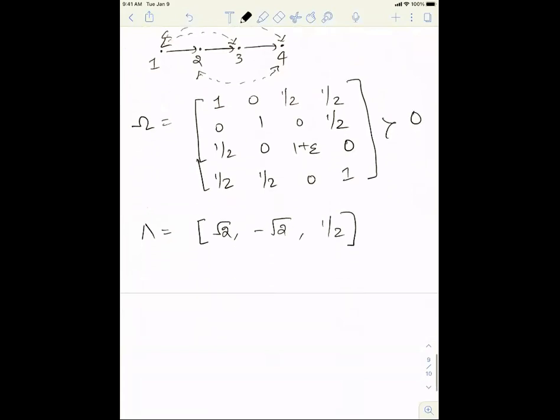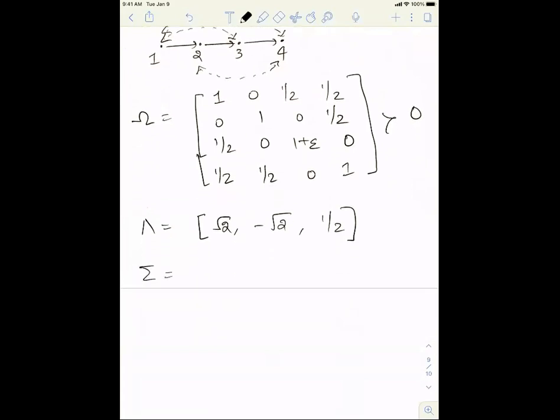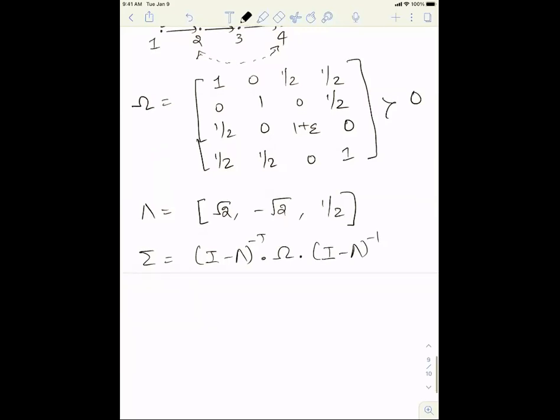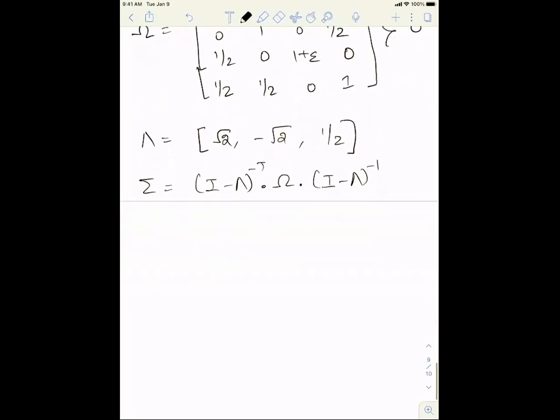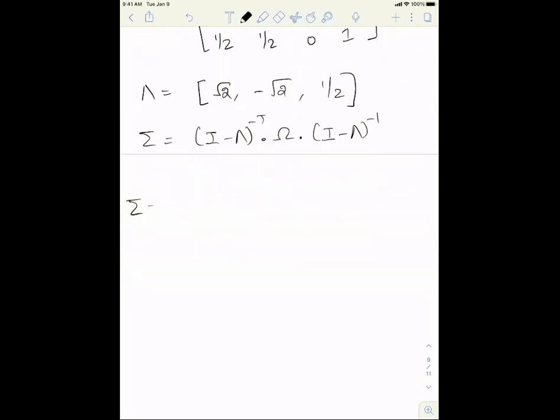Then if you compute sigma from this formula, which I just wrote before, you get a particular matrix sigma, which I'll write for the sake of completeness.